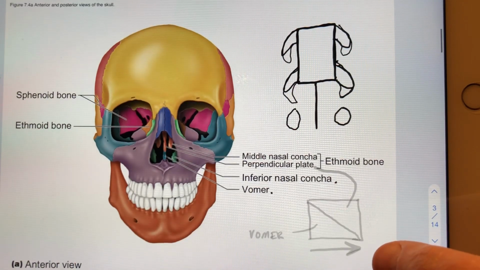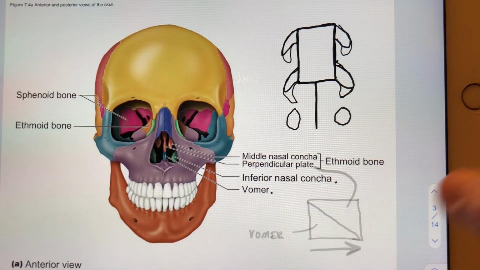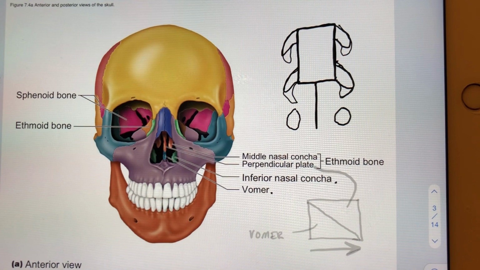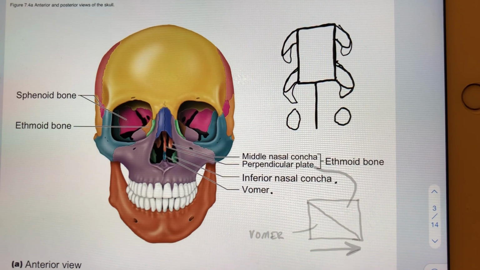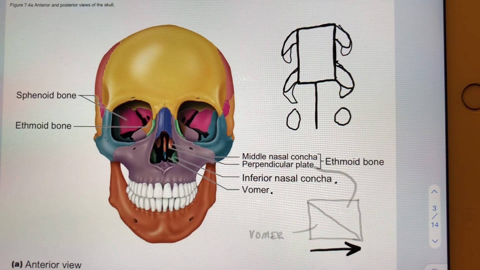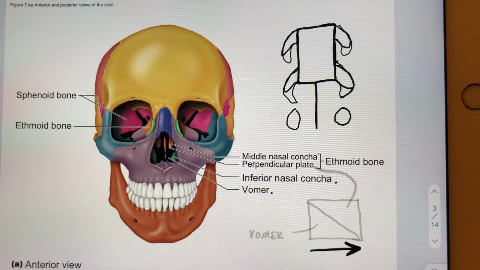And then the vomer is another bone that will be relevant and unfortunately confusing. So let's turn this skull so that instead of the face looking at us, we'll have the face looking that way, okay, to the right, okay? And we're going to use our x-ray vision, and we're going to look at that nasal septum. In other words, this wall here, this wall right here, okay?